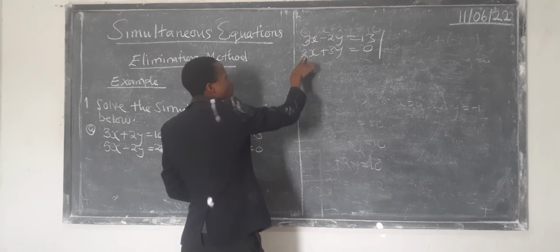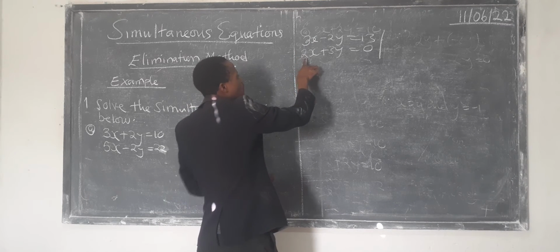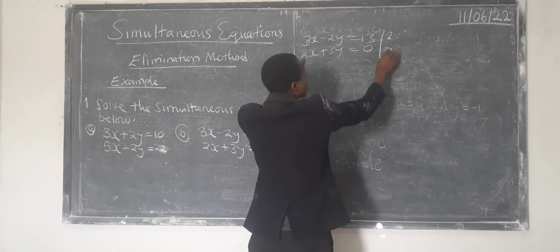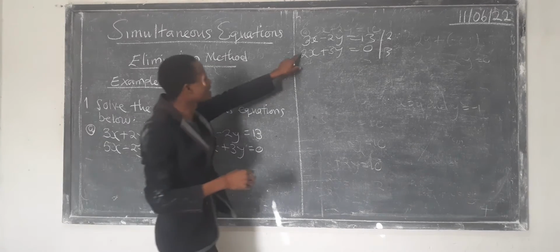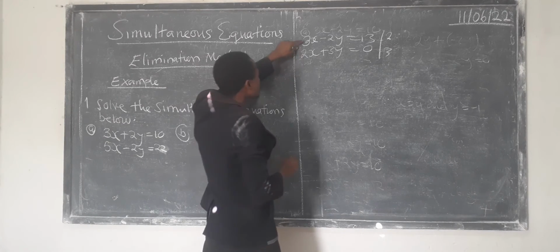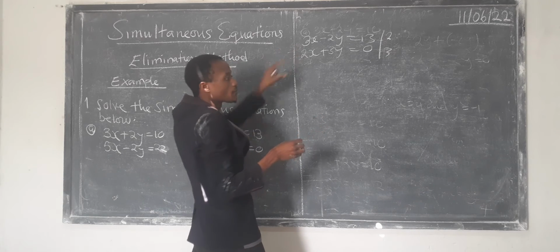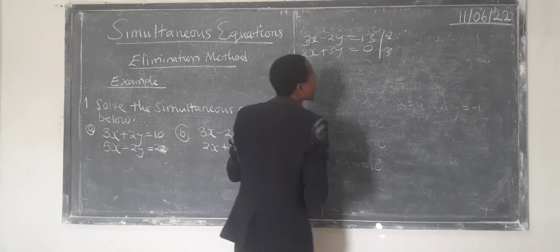To make these two have the same coefficients, we swap these numbers. The 2 goes on top, the 3 comes down, then we multiply throughout. Since one of them must be negative and one positive, let us make one of them negative, for example that one.